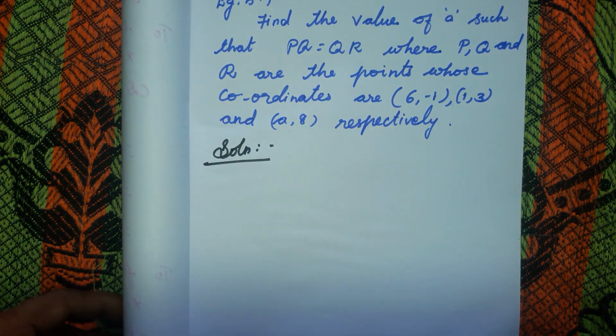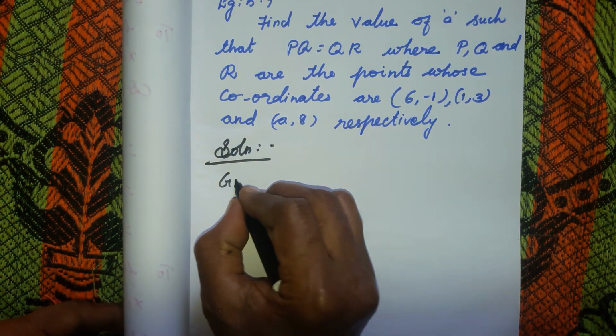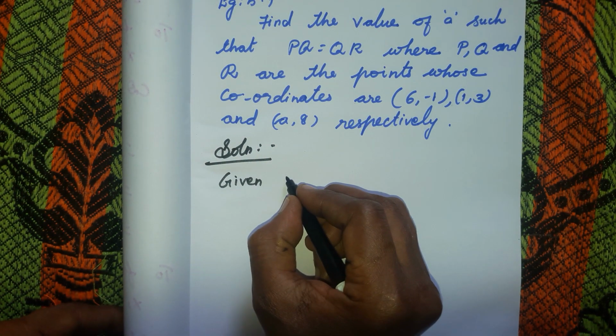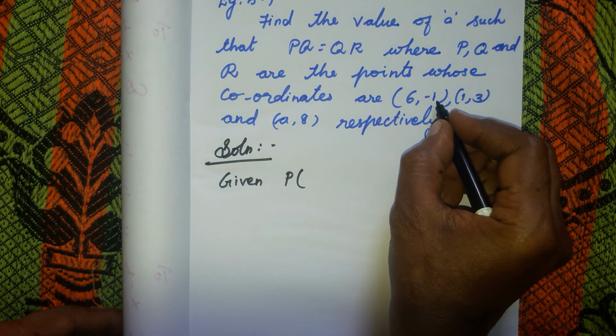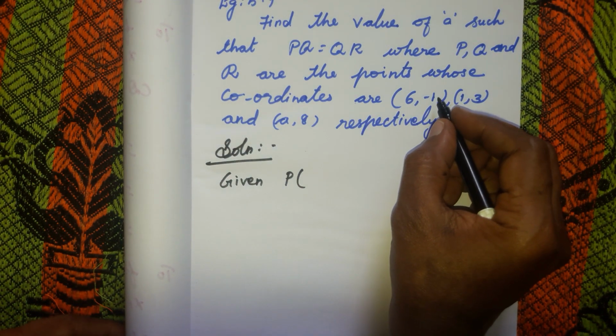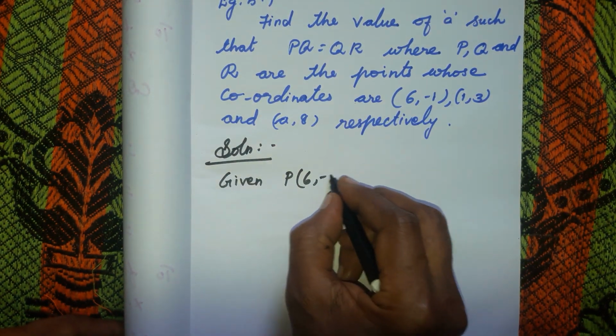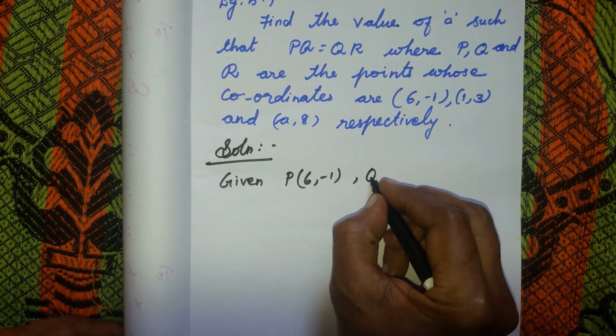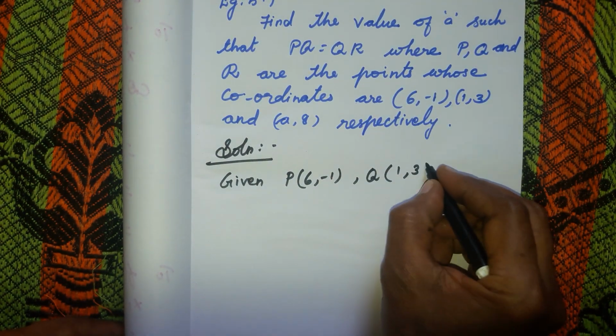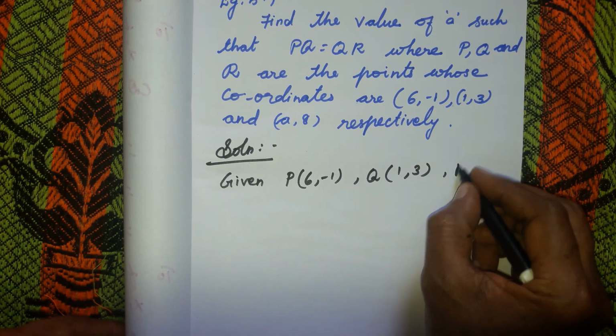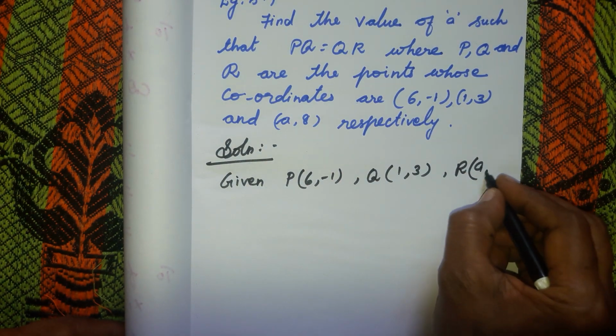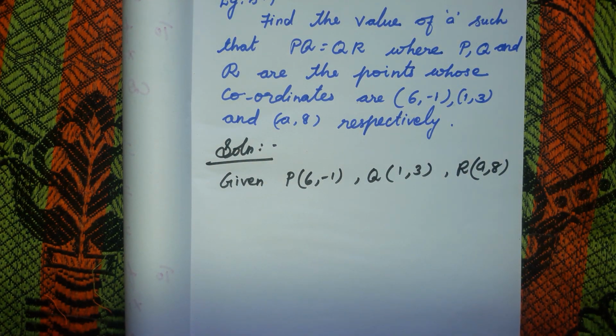Listen here. What is given? P is (6, -1), Q is (1, 3), R is (a, 8). Also given that PQ is equal to QR.